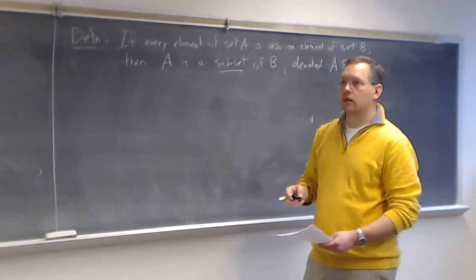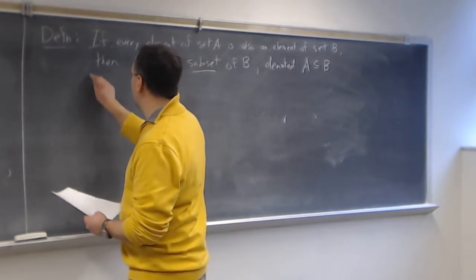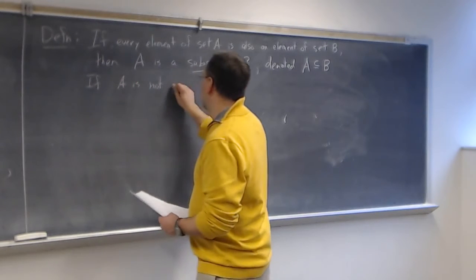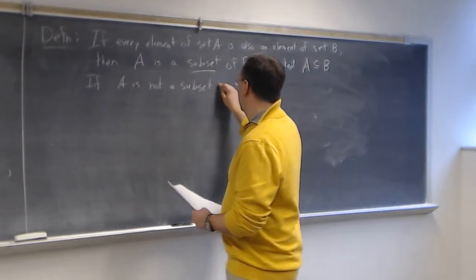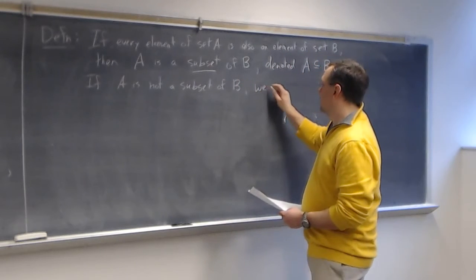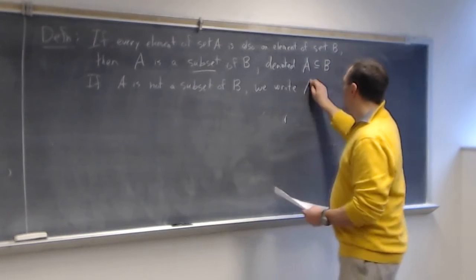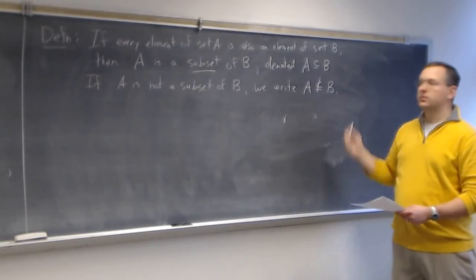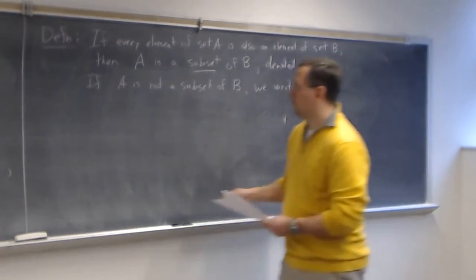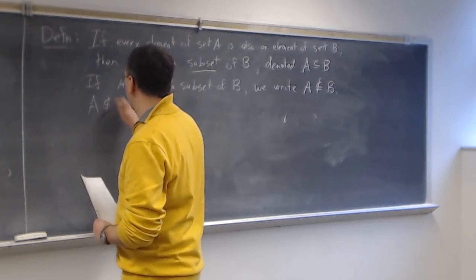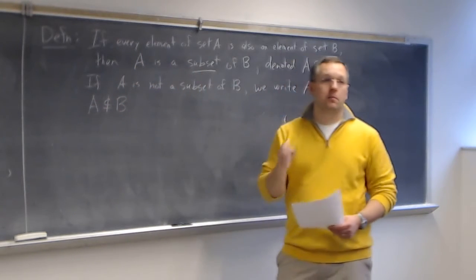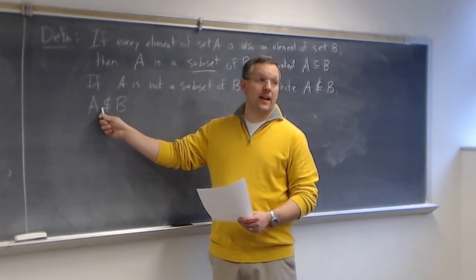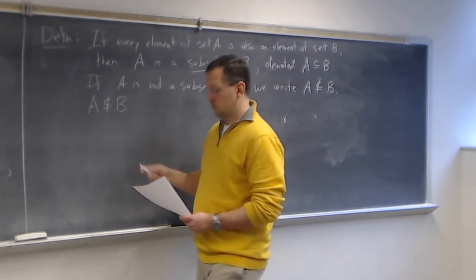All right, let's go back here. So if A is not a subset of B, we write a slash through the subset symbol. You would read this as A is not a subset of B. That means something very specific. It must be true that there's an element of A that's not in B. Okay?